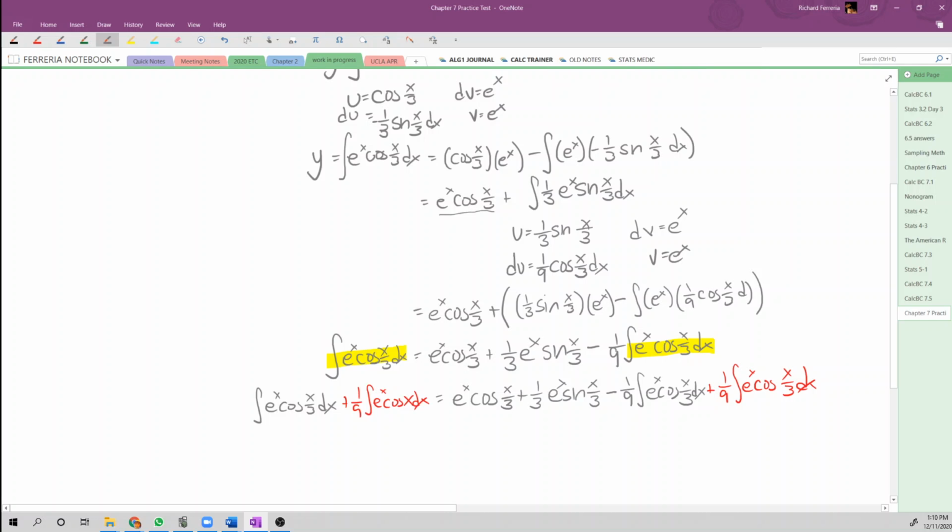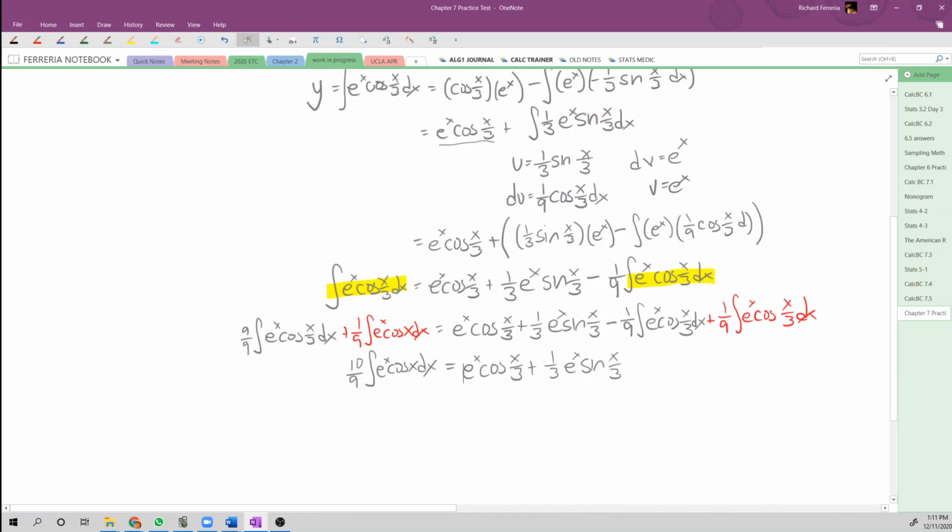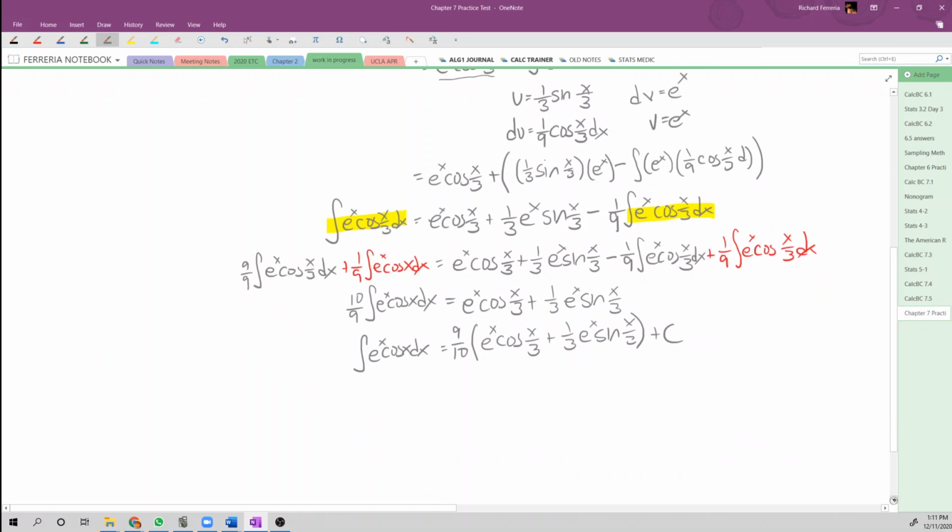When we combine this, you can think of this as 9 over 9 plus 1 over 9, of course that's 10 over 9 of that same integral. And of course, that gets canceled out on the right side. So we're pretty much finished here. The last thing we're going to do is multiply both sides by 9 over 10 and add a constant on the right side.